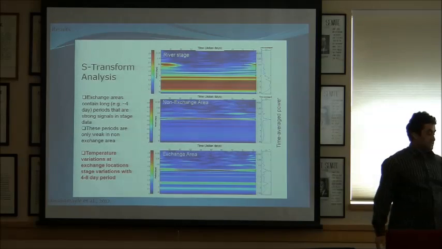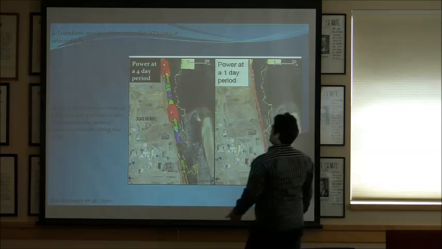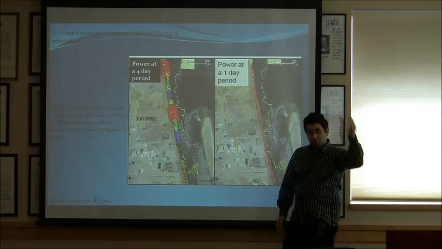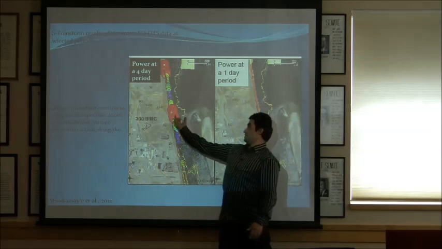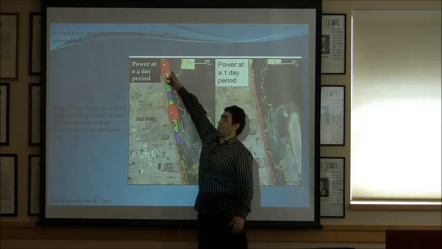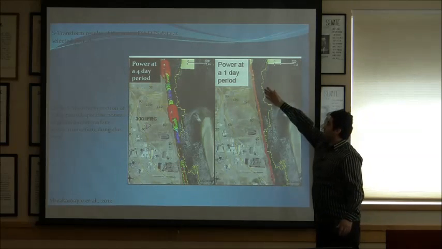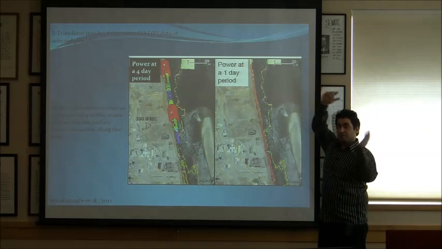To investigate this more, we ran the time-frequency analysis at the 4-day period on all the data that we have, and we get two high anomalies at the valley channel location, in addition to another location here. And this is for the 1-day period. It was everywhere, in the exchange and non-exchange areas.